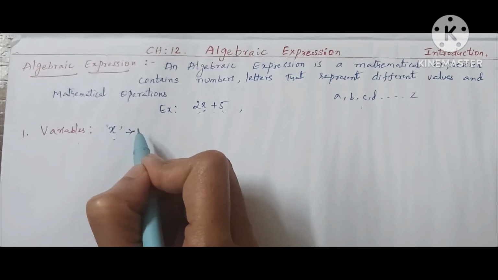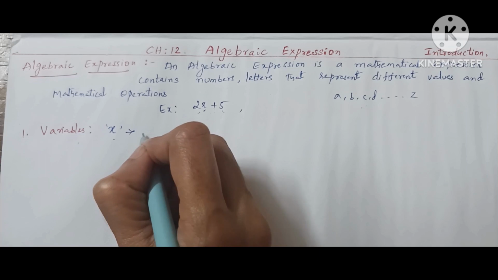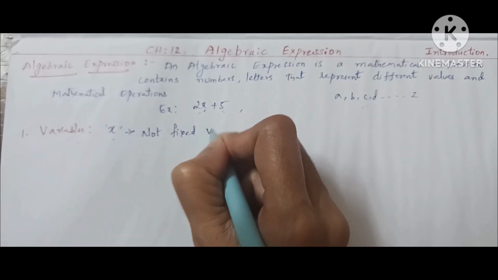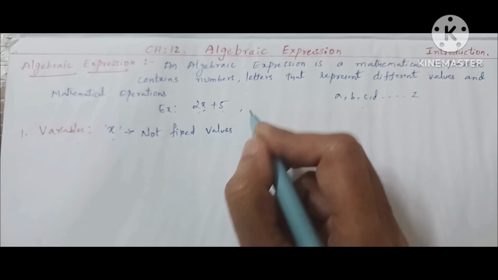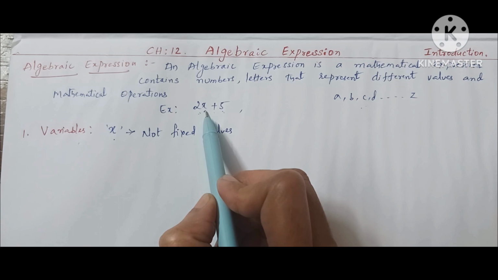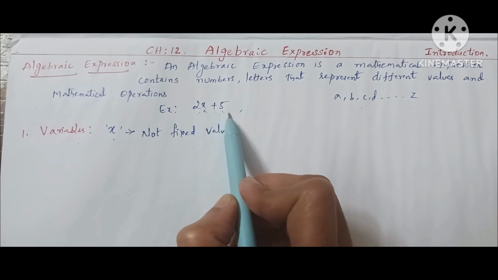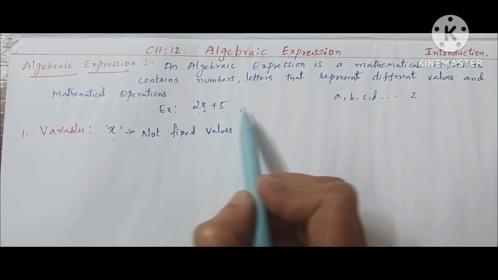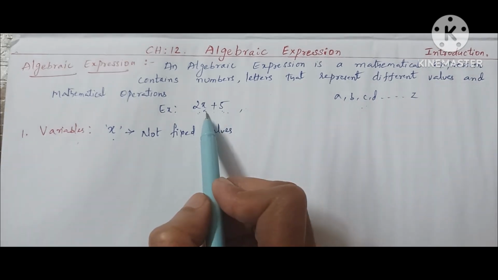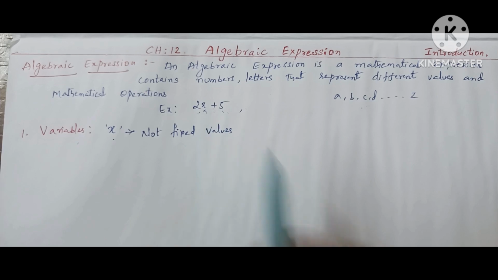A variable does not have a fixed value. It changes with the given question. If x is 1, then we substitute the value of x as 1. 2 ones are 2, plus 5, the expression will become 7. So, it varies according to the question.